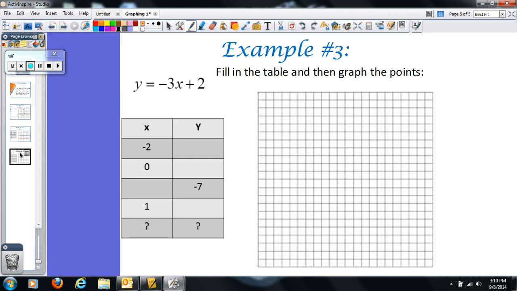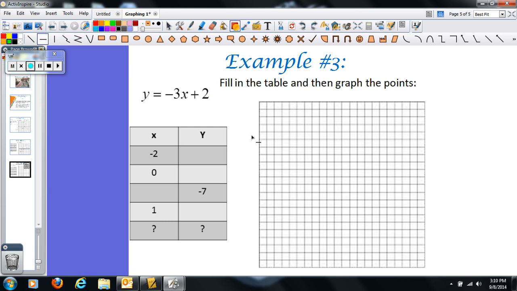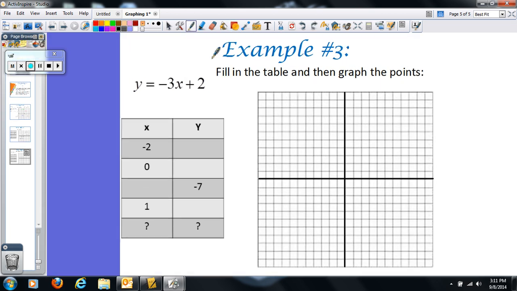Now we're going to combine two things. One thing we've already done, and then our new thing. Okay, so I'm going to put my XY axis here. There's my X. Here's my Y. Now, you're given an equation.